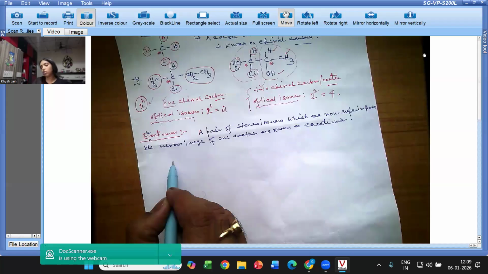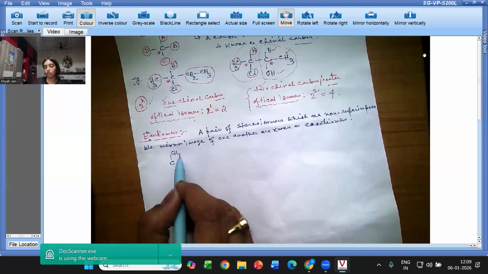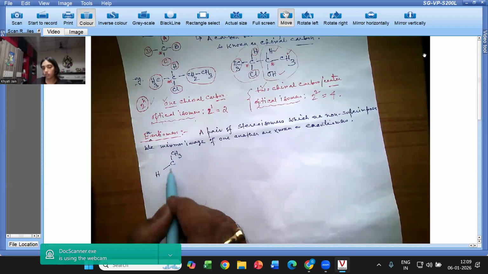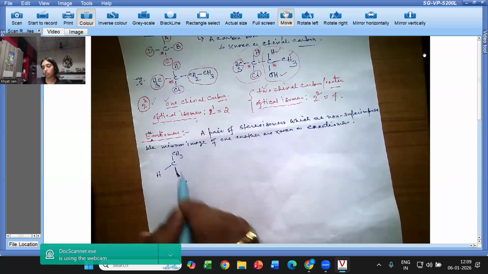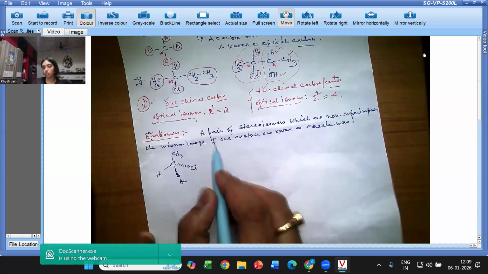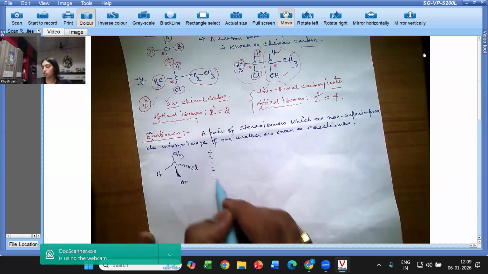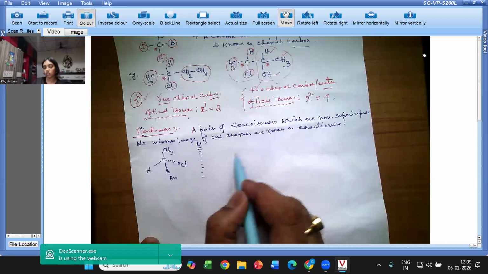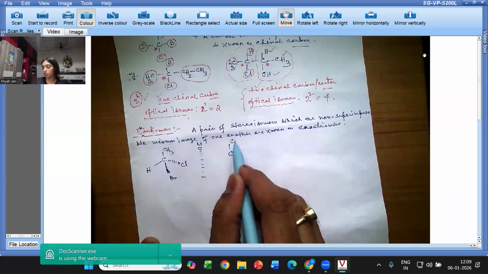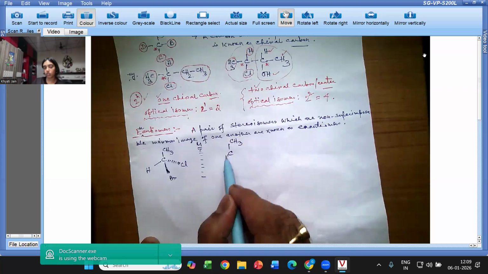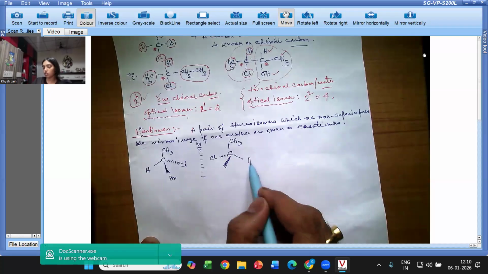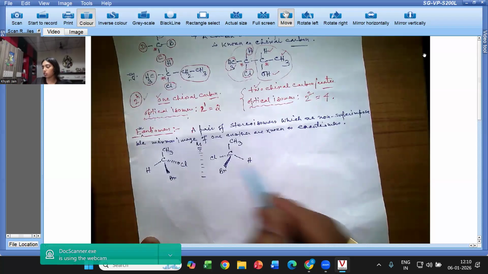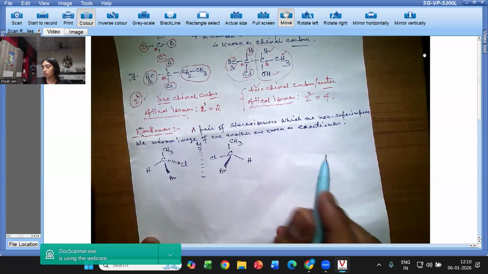Suppose you have this compound CH3, CHClBr, and its mirror image.